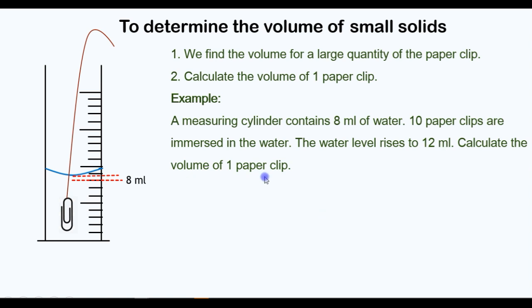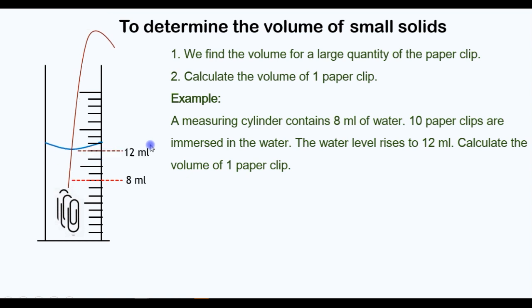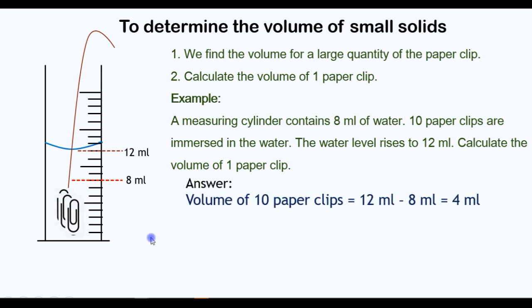So here is a cylinder with 8 milliliters of water. Here we have 10 paperclips, and the 10 paperclips are immersed in the water, and the level of water rises to 12 milliliters. So the volume of 10 paperclips is 12 milliliters minus 8 milliliters, and that's 4 milliliters.